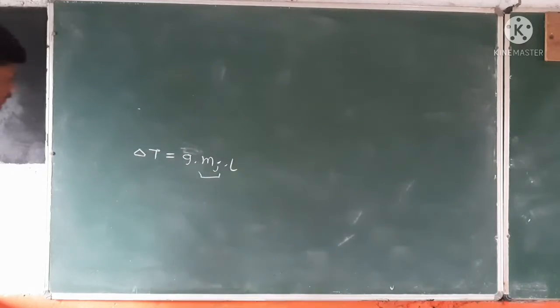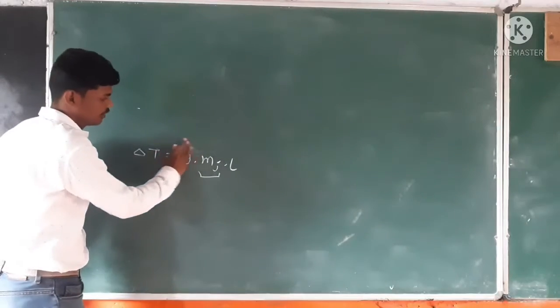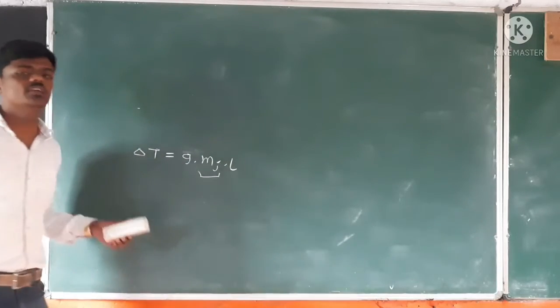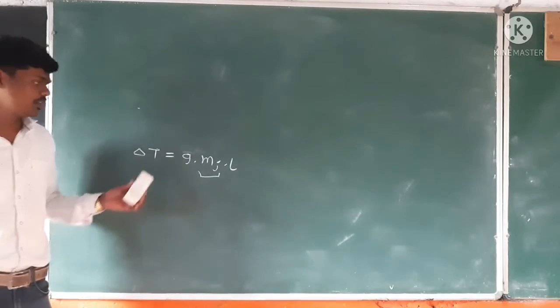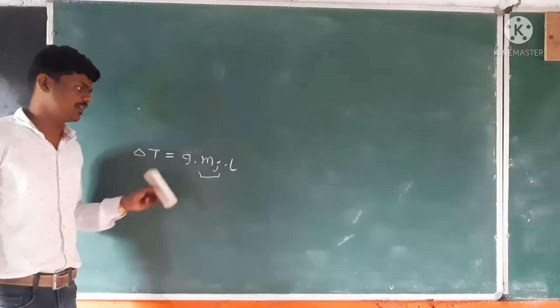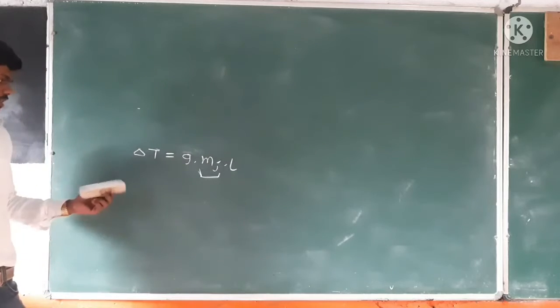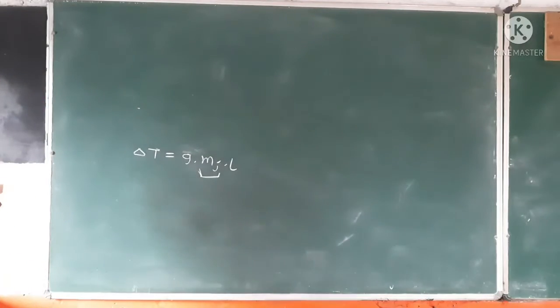So this is term shift, interaction energy, the change in energy level when we place an atom in a weak magnetic field, which is nothing but Zeeman effect. So that change in energy of the atom, for each energy level, you can calculate using this Mj. So this is nothing but interaction energy or change in energy, term shift.